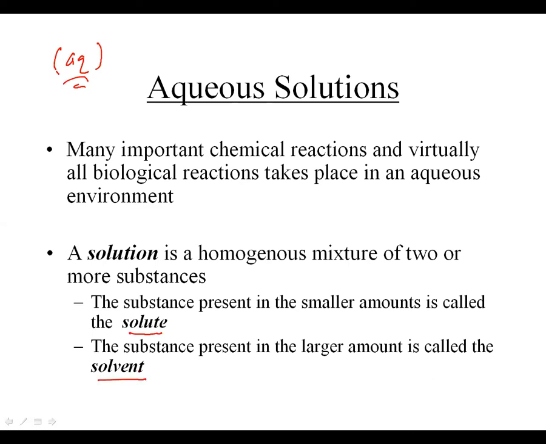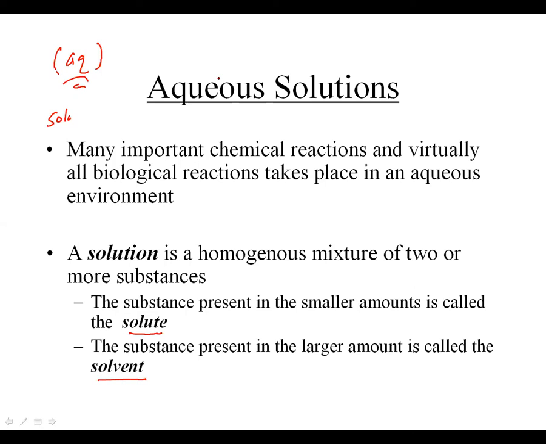So the solvent is the larger part of the solution. So when you make a solution, it is made up of a solute and a solvent. And both of those things together, again, is what makes up a solution.